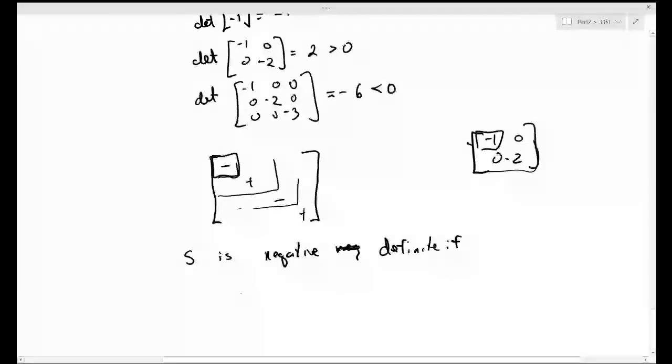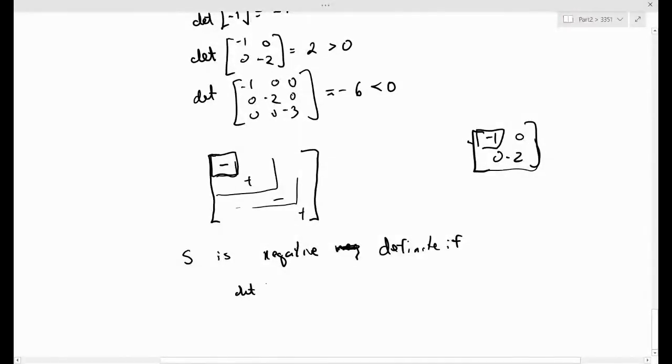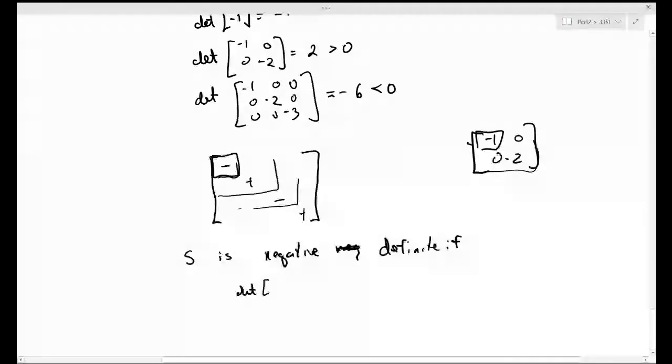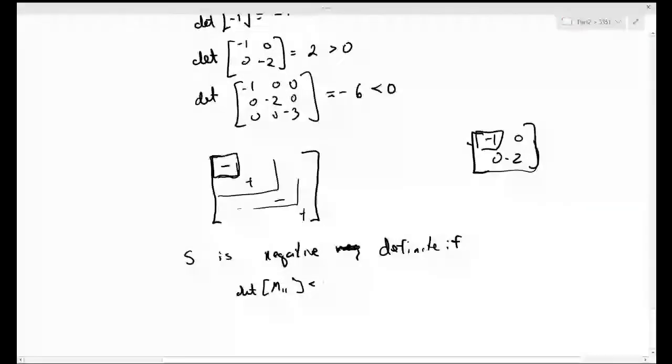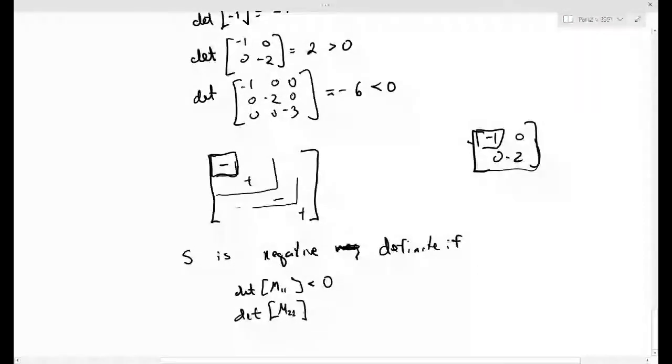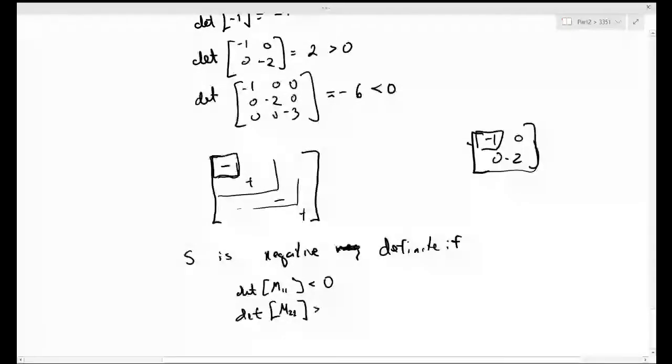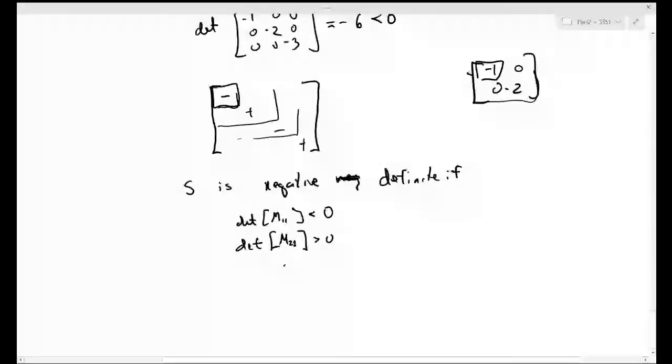If the determinants, I don't know how to write this, I guess I should, M11 is negative, but then the 2 by 2 matrix at the top left is positive, and so on, and they alternate.